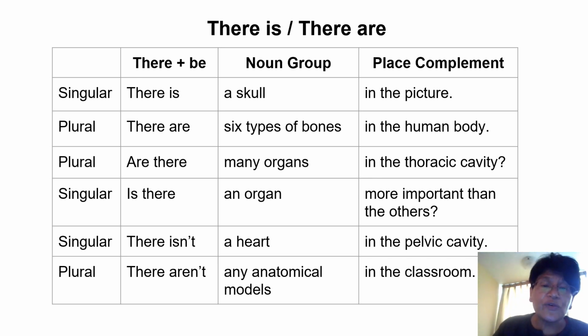Choosing there is or there are depends on the noun. If the noun is singular, then there is should be selected. If the noun is in plural form, the correct choice is there are. Observe that there is and there are may be used in affirmative, interrogative, or negative sentences.